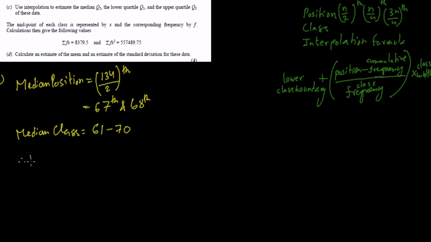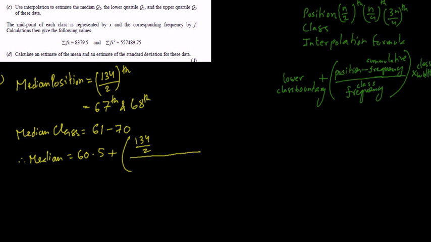So therefore median equals to lower boundary of this is 60.5 plus position is going to be 134 divided by 2. Remember, you have to write the position as it is.